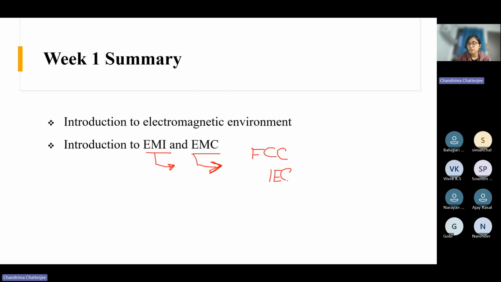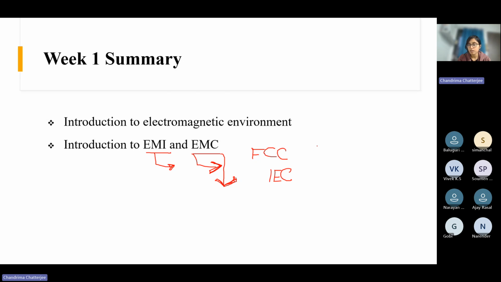So any commercial product needs to go through some tests, some procedures, which will ensure that it is electromagnetically compatible. That means that whenever it is operating, it will not interfere with other devices or other machineries. It will not disrupt their operation, and of course it will not disrupt its own operation, and it will also be robust against other electromagnetic signals.